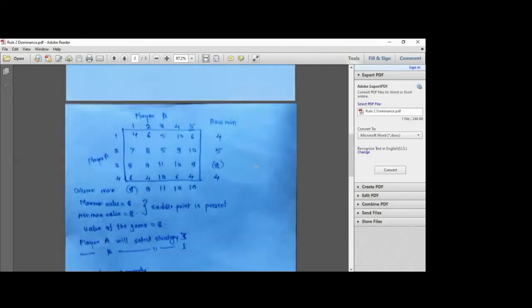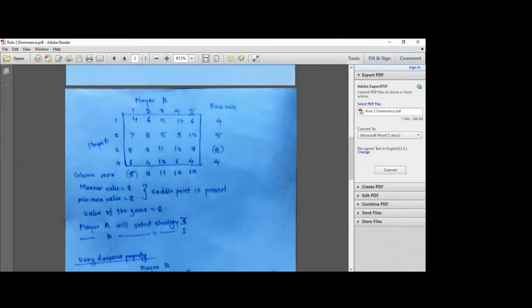That is very easy, because we can find the row minimum values, then find the column maximum values, and you'll get that the maximin value is equal to the minimax value, which is equal to 8, and there is a saddle point present, right? And the value of the game is 8.